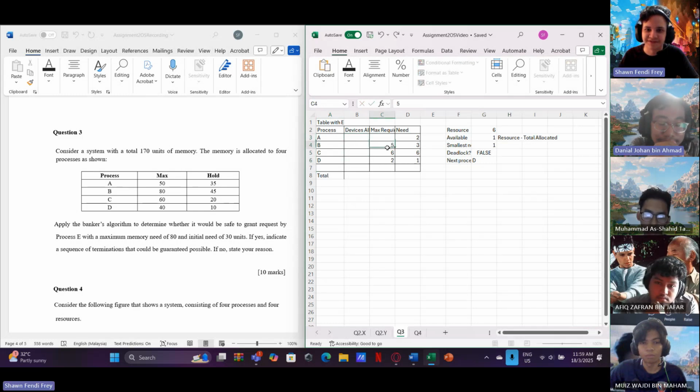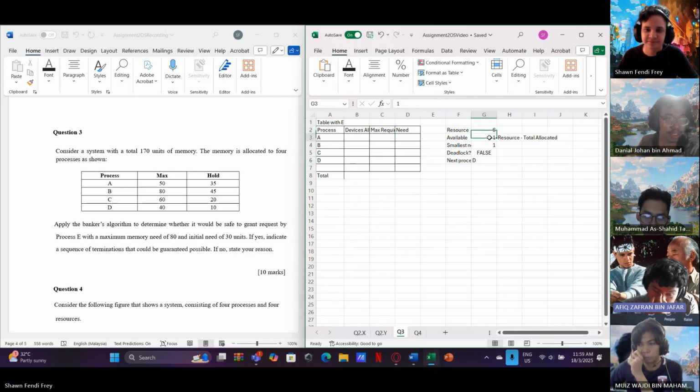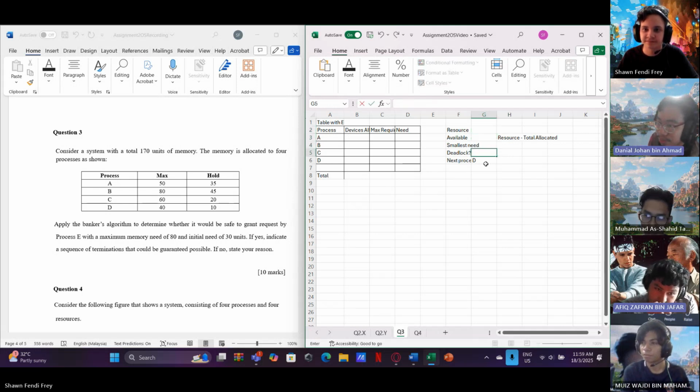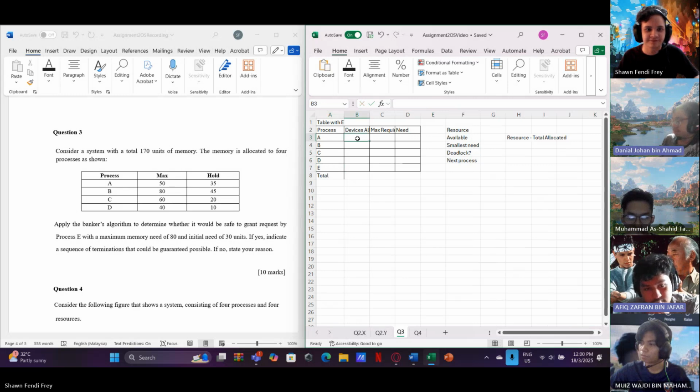Who's going to explain this? Same table. So question 3 is the same as the previous question. The steps are the same, and the difference is that question 3 adds process E with a maximum of 80 and hold of 30.